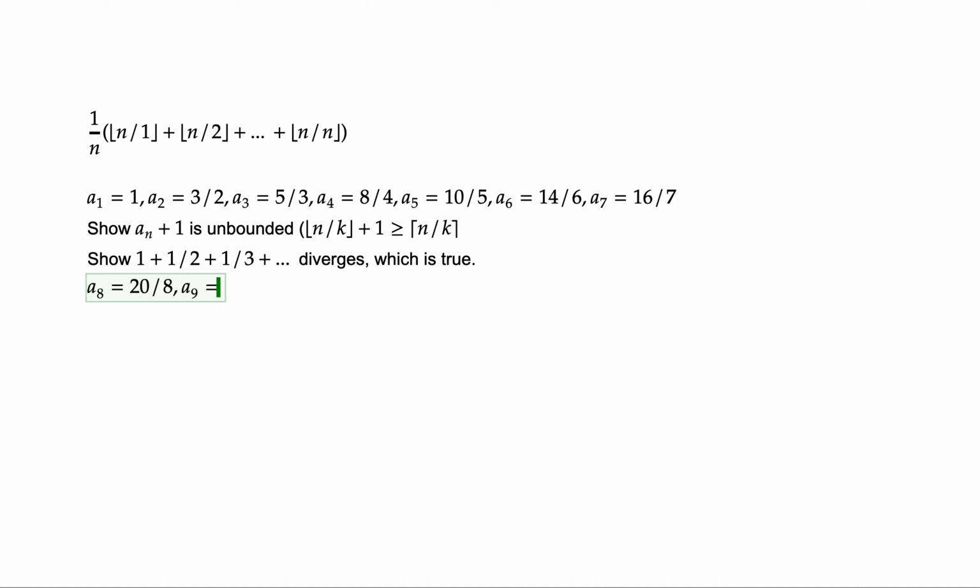Actually, plus 5. So okay, I think it would be 23 over 9. I would think that might be a decrease. Nope, increase.